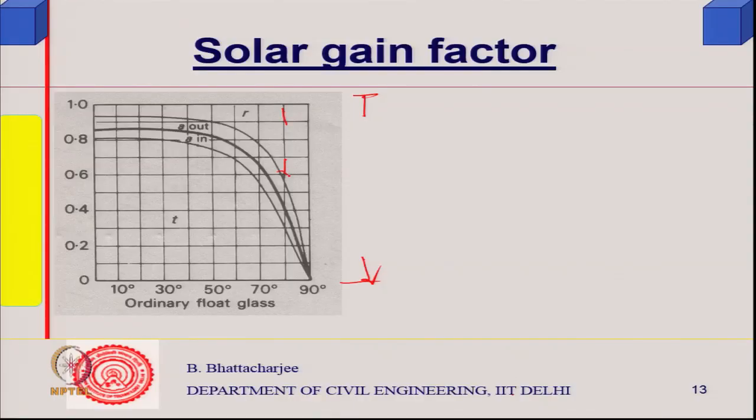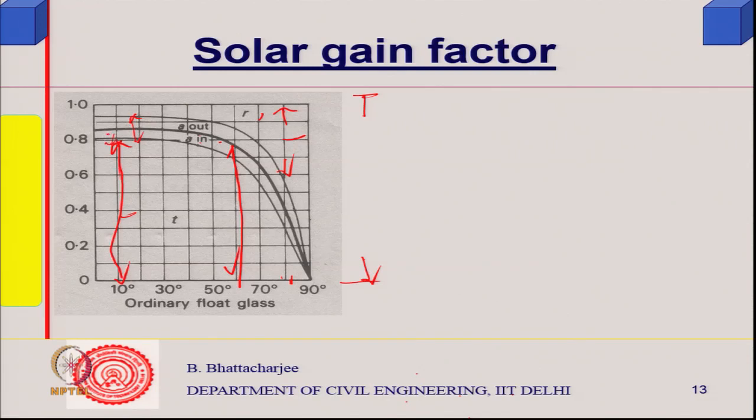This range represents the reflection at any angle of incidence, say 80 degree, this is the reflectance R. This is transmitted, say at 10 degree angle of incidence, this is what is transmitted through it, and this is what is absorbed. So, part of the absorbed is actually transmitted back. In other words, theta at any point of time is given by this central line. Some will be in, some will be out. So, theta, the solar gain factor, is given by the central line.